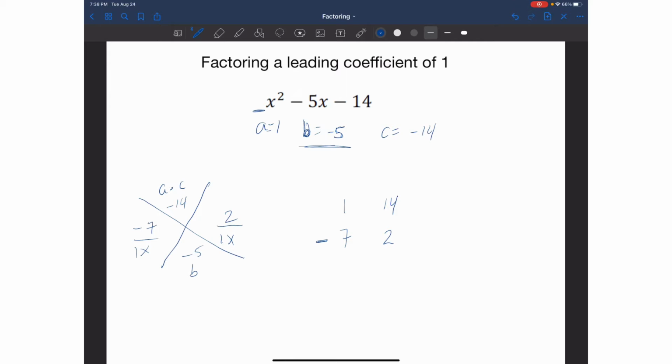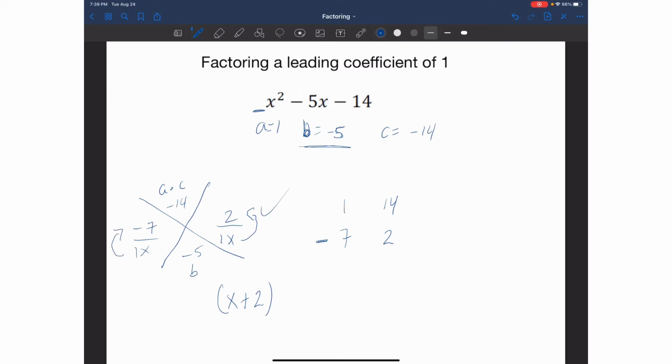So again, I'm going to start from the bottom towards the top as I write my first factor. So it's going to be 1x, or simply x, and then the sign, which is positive, and then 2. I'm done with this side. I'm going to go to my other side. It doesn't matter which side you start with because you're multiplying.